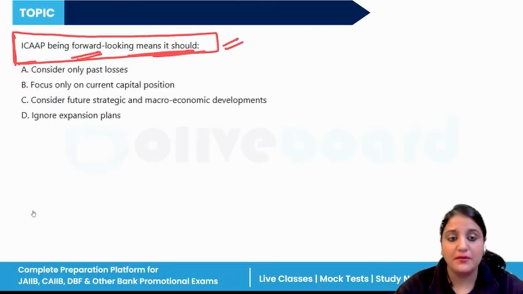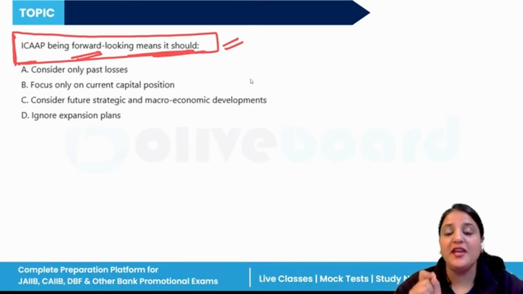So we can say it is not backward looking, it is forward looking. So what does bank capital need? To plan for emergencies like sudden losses, economic crisis, and liquidity shortage.